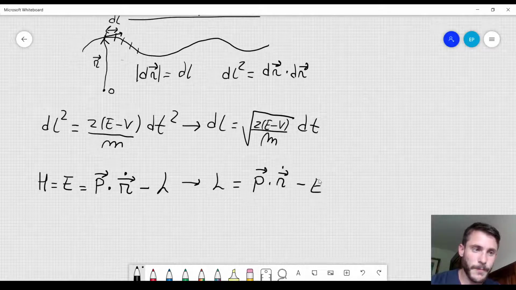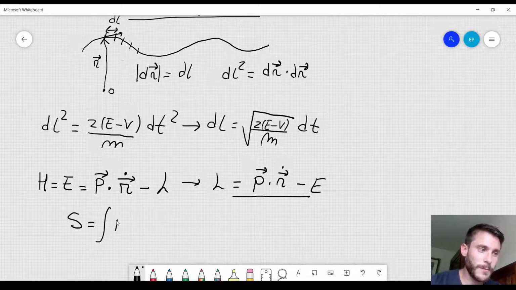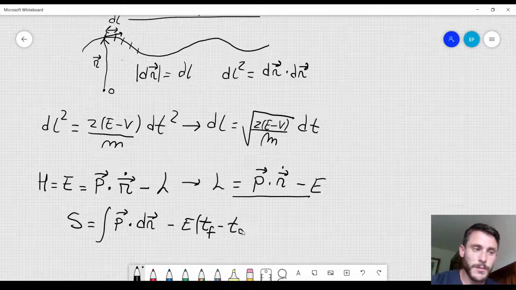Therefore, the action can be written as an integral of the Lagrangian, but the Lagrangian is equal to this, so it's an integral of P dot product r dot times dt, but that's just dr, minus the integral of a constant, which is the energy. So it's the energy times Tf minus T0.